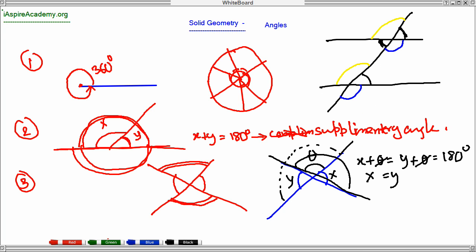I have denoted the different sets by colors, and same color angles are equal. So this is true only when these two lines are parallel, so keep that in mind. That's pretty much the general properties associated with angles. Now let's try to solve a few problems and see if we can use the things which we learned here.